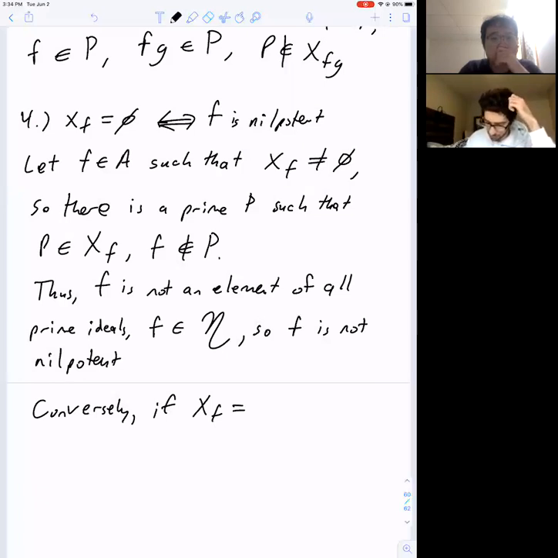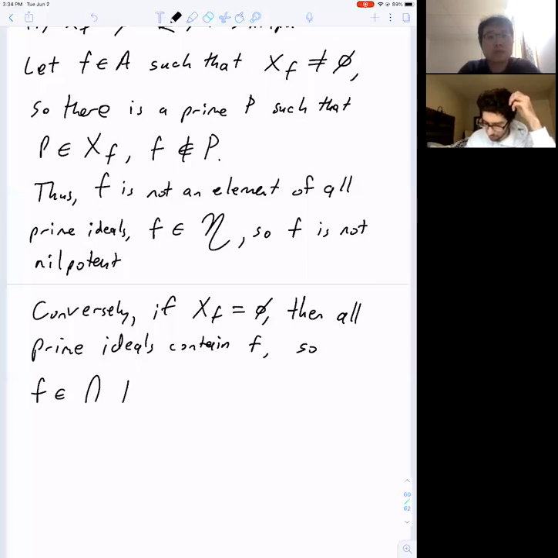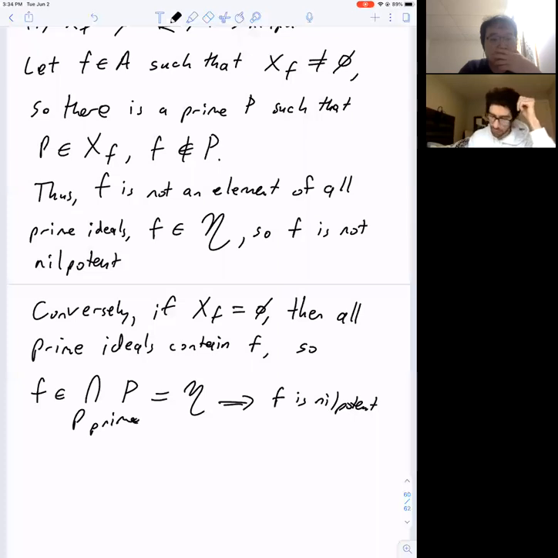So f is in the intersection of all prime ideals, which is the nilradical, and so f is nilpotent. So that's question number 4. So we solved it. Let's move on to question number 5.